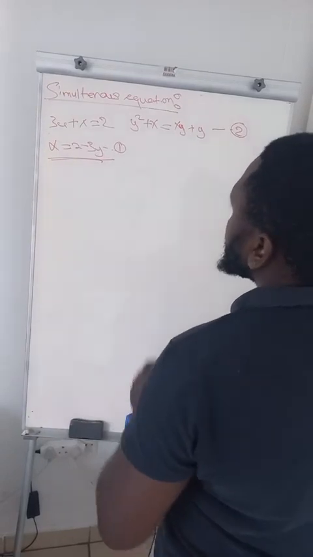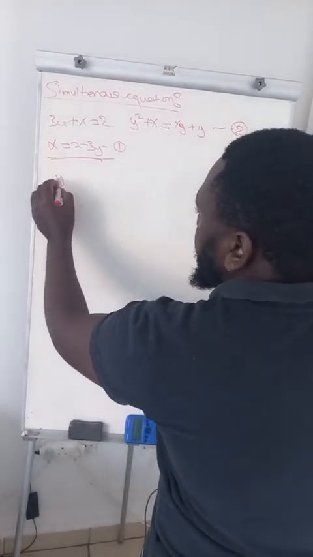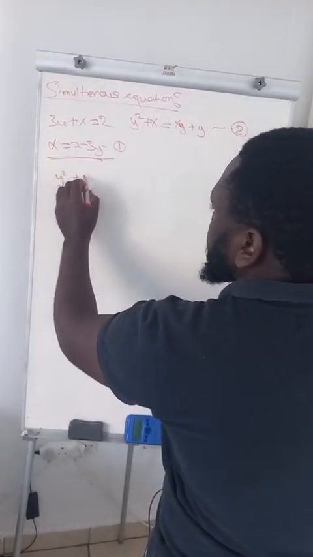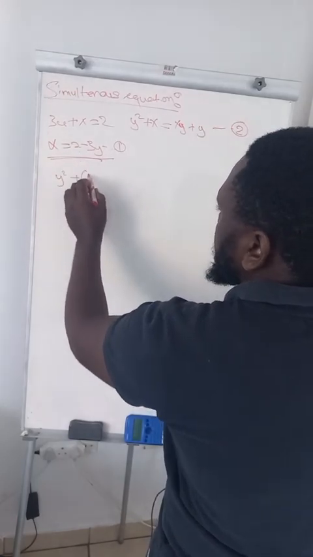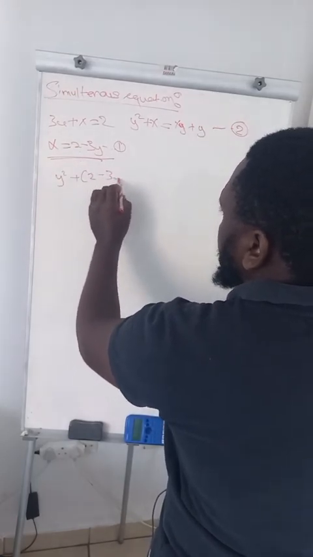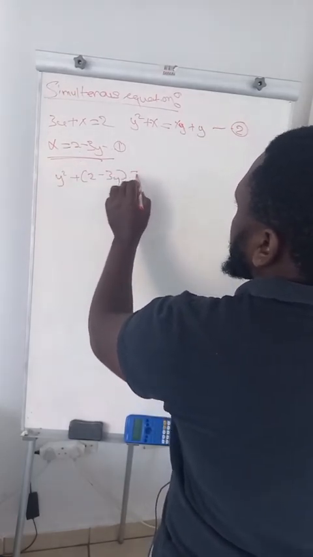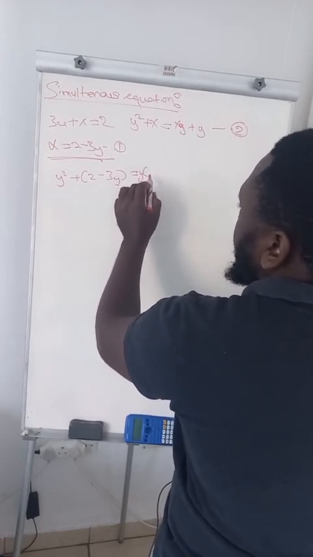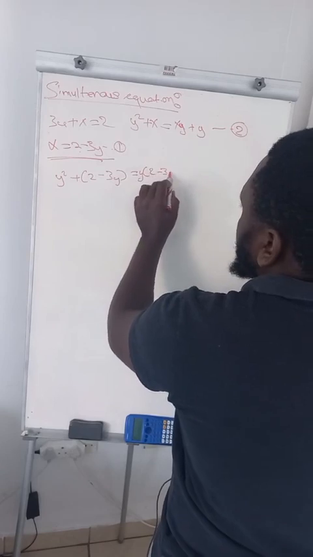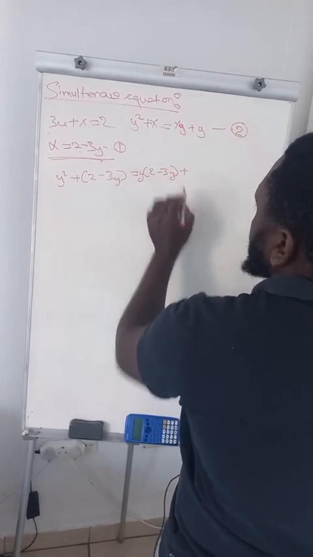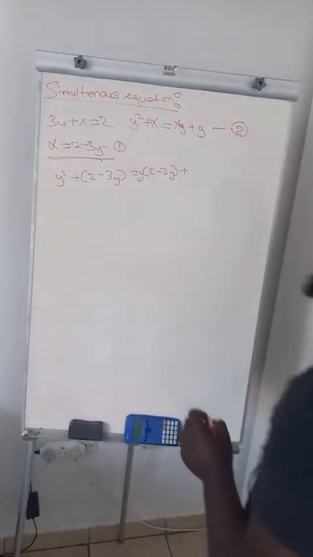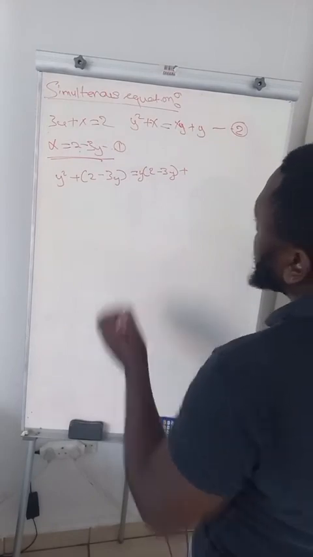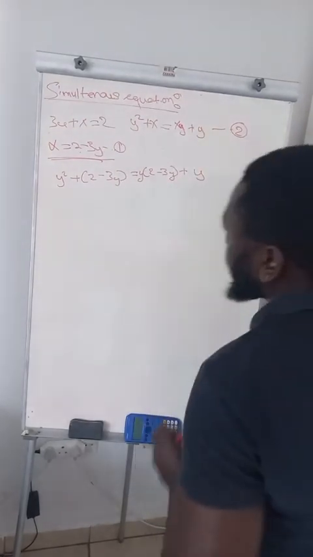So it just means now you will have y squared plus, where there is an x, place this. You'll have 2 minus 3y, and then is equal to, and then where there is an x, this is y here, we'll have 2 minus 3y, and then plus. It just means where there is a y now, you just keep it like that, a y.